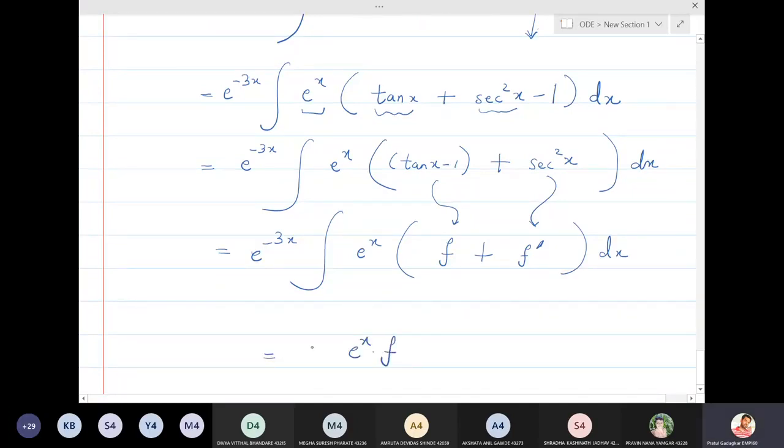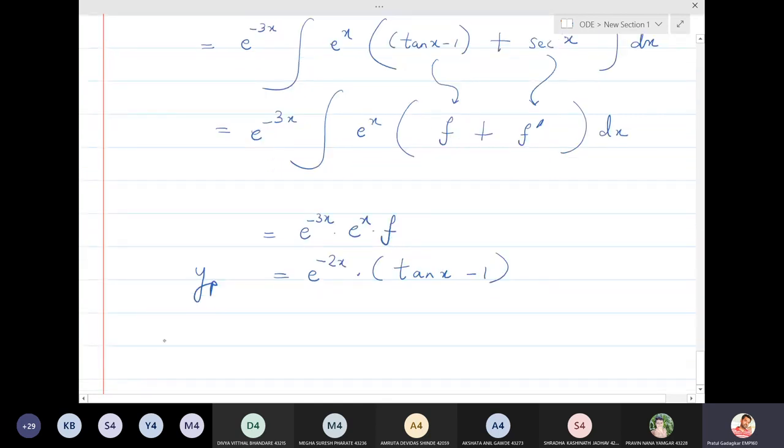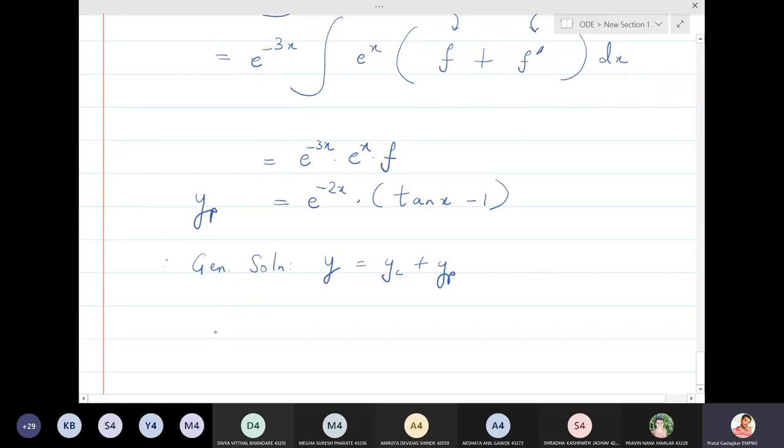which is equal to e raised to minus 3x into this. So it is e raised to minus 2x into f. Who was f? It is tan x minus 1. So finally we are rid of the entire integration, and we have got this, your yp, and therefore your general solution is y, which is yc plus yp, has become y equal to c1 e power minus 2x.